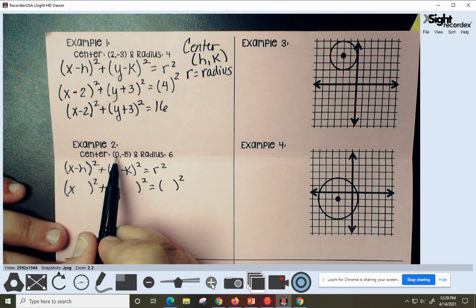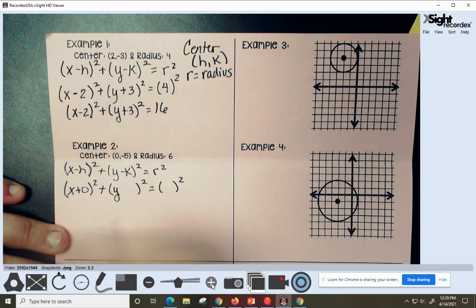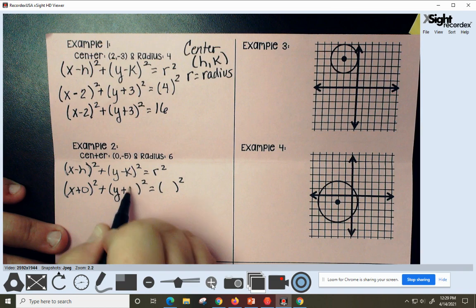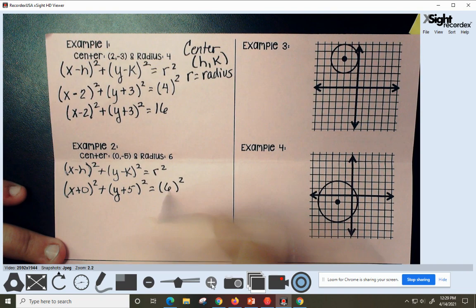And when I look at this one, 0 is neither positive nor negative, so it doesn't matter which way I plug it in. So I'll just put a plus 0. You could put a minus 0. The 5 is a negative, so I want to plug in the opposite, and I want to make that a positive 5. And then I have a radius of 6.